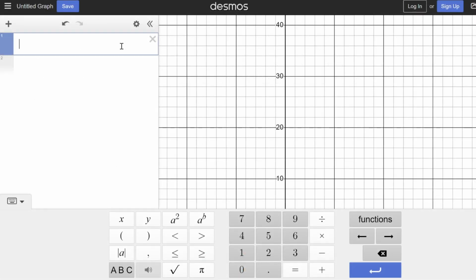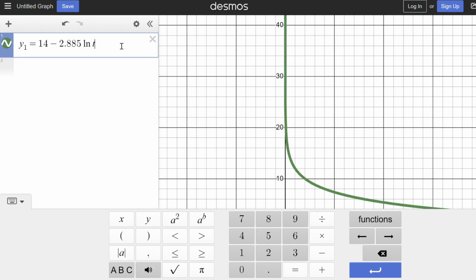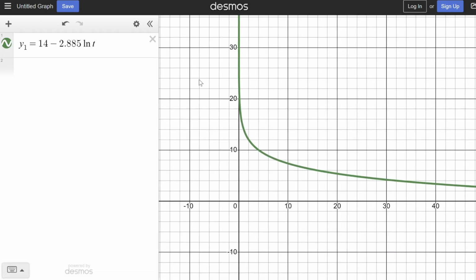So I found an online graphing calculator, and what we do is we input the two sides of the equation as y1 and y2. So y1 is equal to 14 minus 2.885 times the natural log of t. So that's our graph.